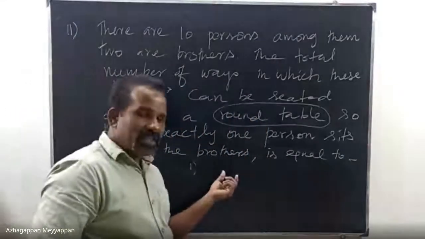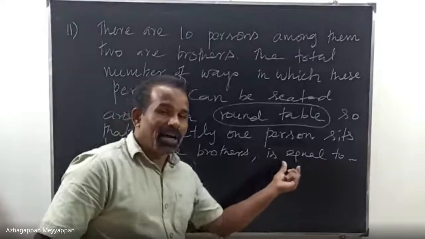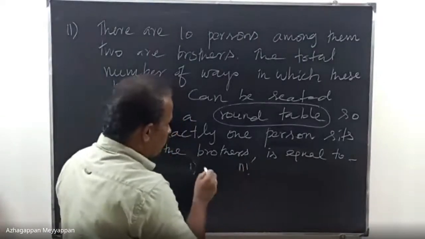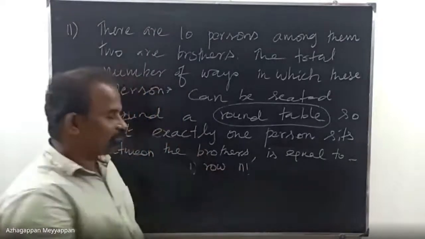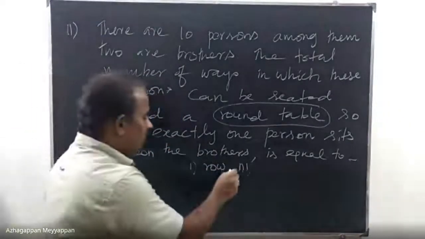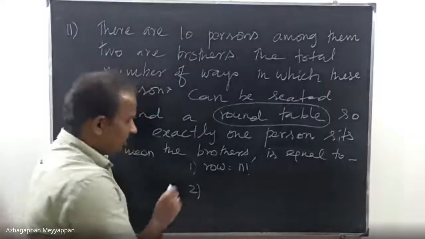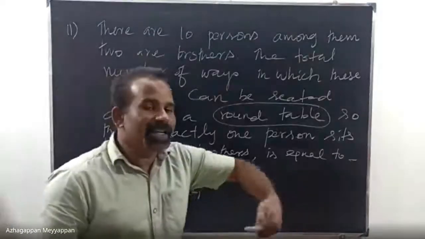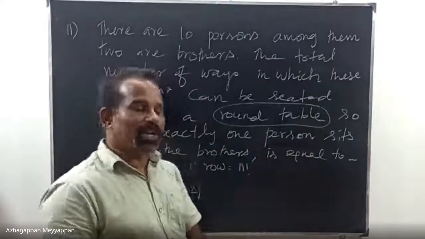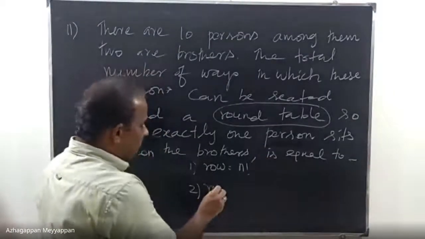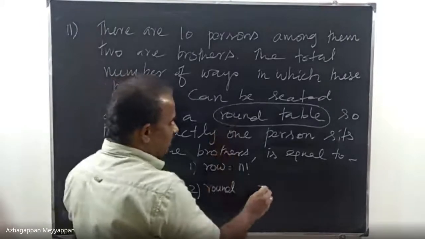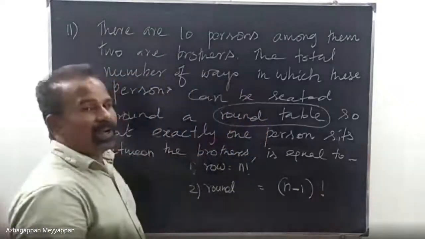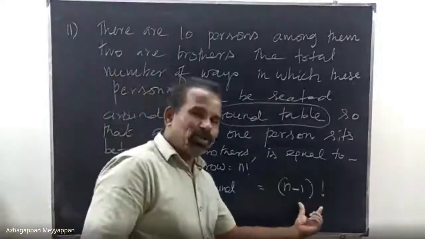The number of ways is n factorial. Number two is the same n number of persons sitting in a round table. That is nothing but n minus 1 factorial.